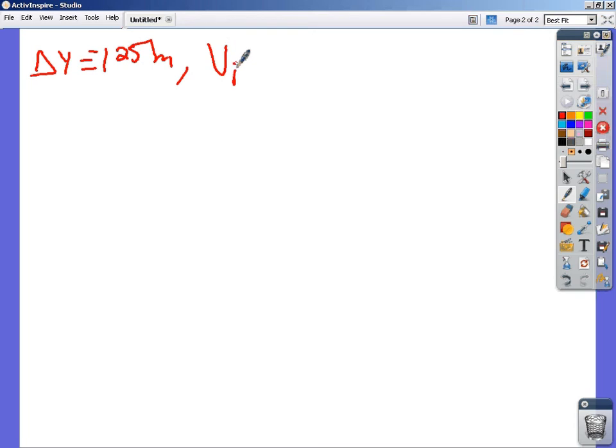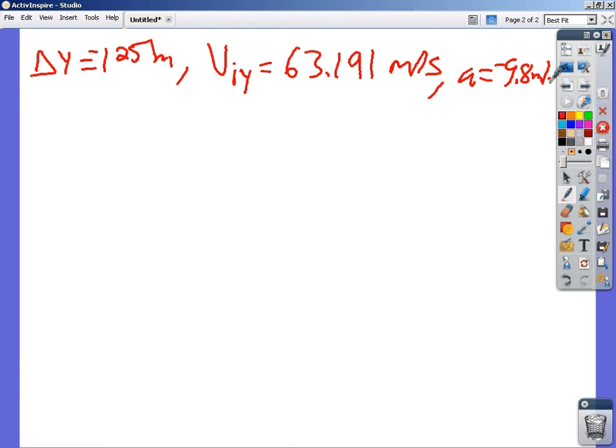Oh, Vy. Okay. I know these things, and I know my acceleration is going to be negative 9.8. What I can do is go to my delta s equation, and I can set it up as so. Negative 125 equals 63.191 t plus 1/2 negative 9.8 t squared.